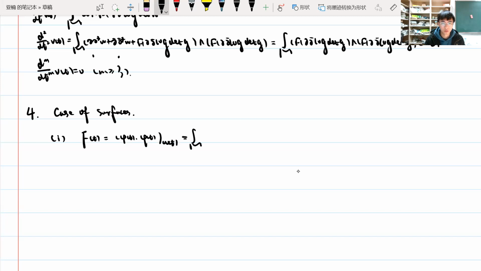Actually, the norm is independent of the metric choice, and we have the proposition that F(t) is, where phi is a solution.